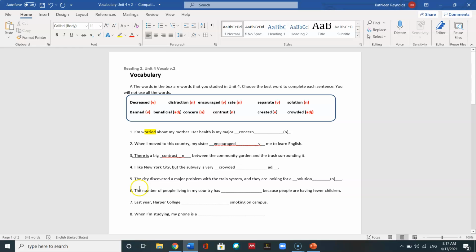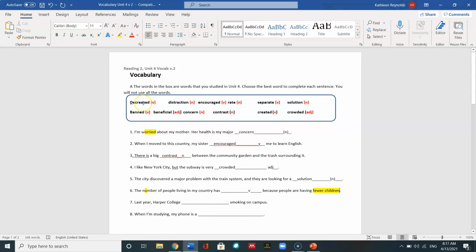Number 6, the number of people living in my country has something because people are having fewer children. So here we need a verb because it's part of the present perfect with "has," and it's the main verb in the sentence. So here we see there's something about number, and there's also something about fewer children. Fewer means a smaller number. So let's see which verb could complete this.